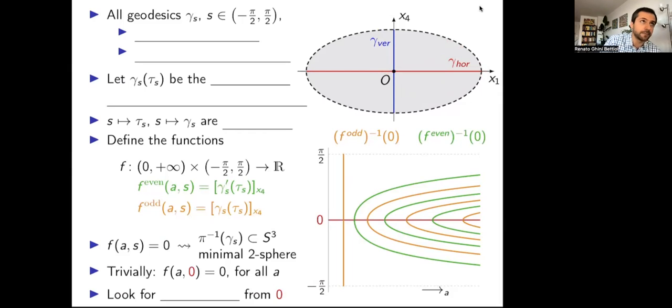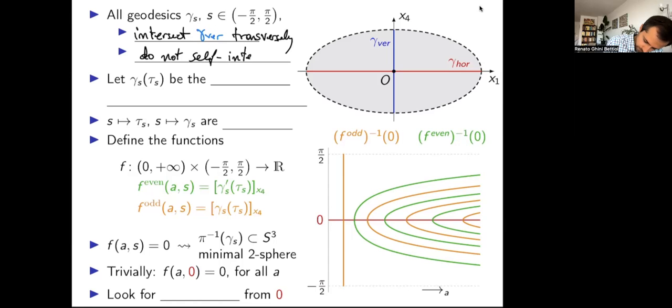So let me say they all intersect the blue vertical geodesic, and they do so transversely, of course, by uniqueness of geodesics with given initial conditions. And they actually do not self-intersect. All right, so something like this does not happen. So they all come from there and actually hit the blue geodesic somewhere.